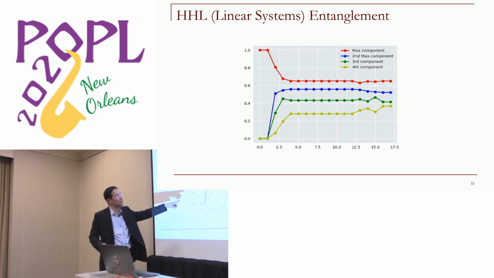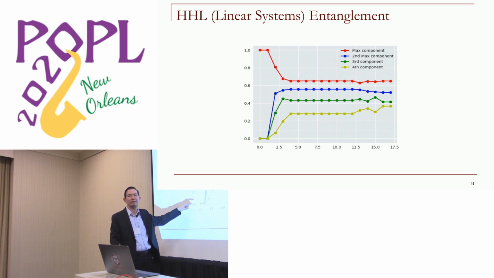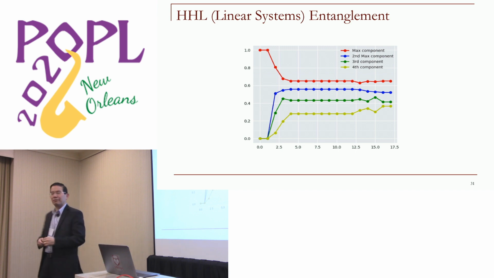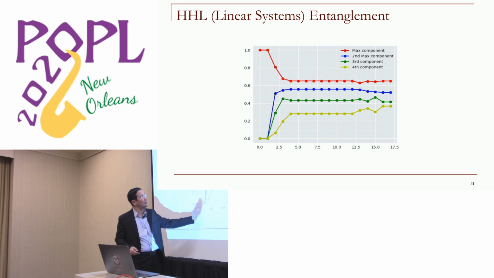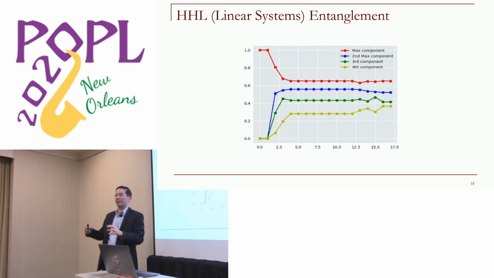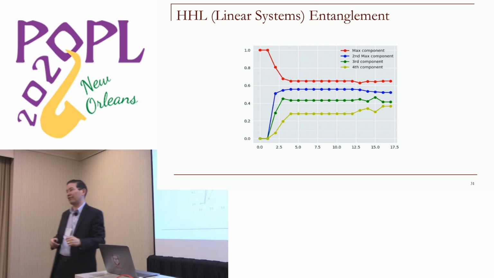Here's an interesting visualization. Actually, Yunong made this a while ago, which is, this is HHL, which is the linear systems algorithm, which Aram Harrow was part of. And this shows over time how much entanglement was there in a particular part of that program. Okay?